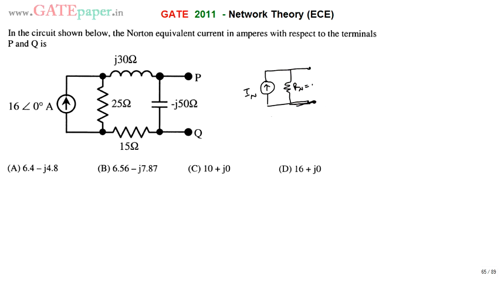Calculation of Rn is similar to calculation of RTH. RTH is the Thevenin's resistance when you are using Thevenin's theorem.